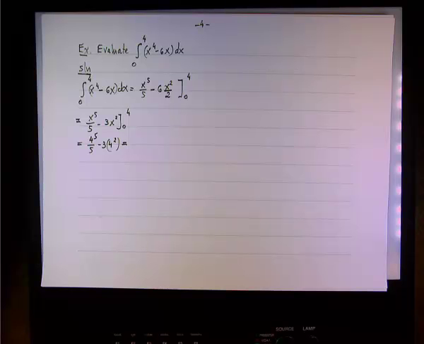2 to the 10th is an important number. Let me change. How many bytes in 1 kilobyte? 2 to the 10th. Now, the prefix kilo in Latin is 1,000. There are 1,000 grams in 1 kilogram. There are 1,000 meters in 1 kilometer.